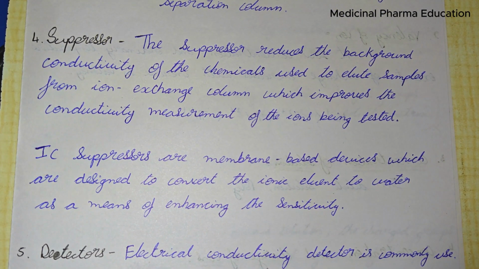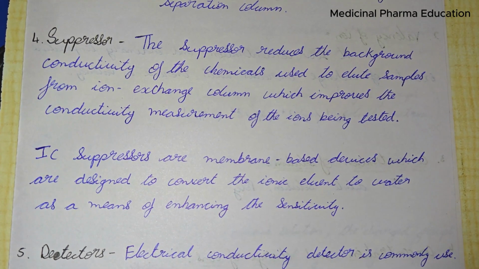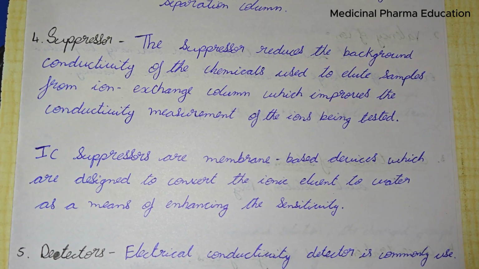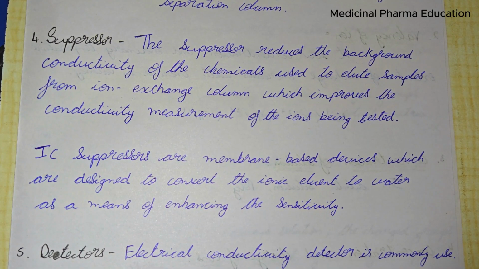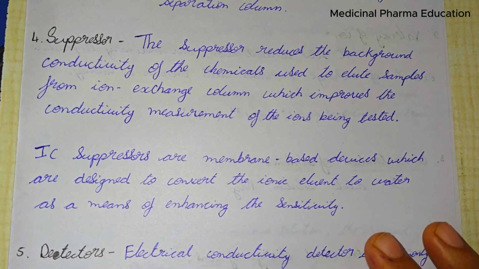It may be solid particles, or it may be microbes. Everything which passes through it, the impurities, is removed. It is used to increase the life of the separation column, because separation columns are very costly, right? If the impurities are contained in the mobile phase or the solvent, it damages the column, and the column replacement is very costly.